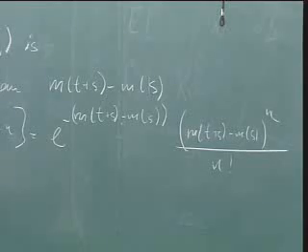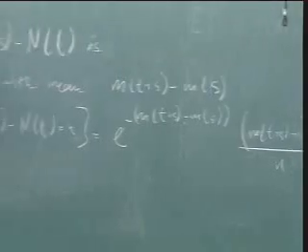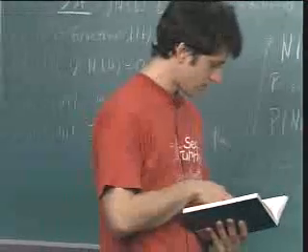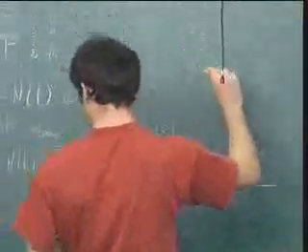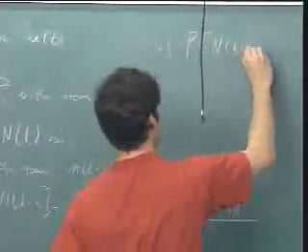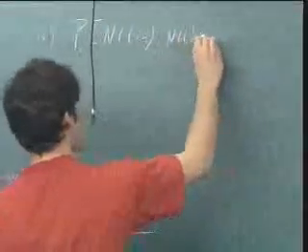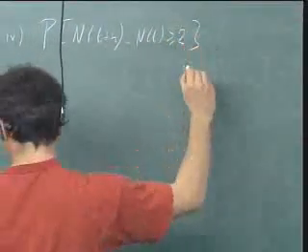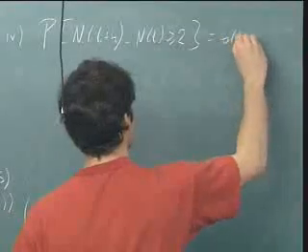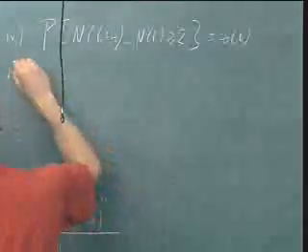And there are two more properties that we should write here, little o of h.